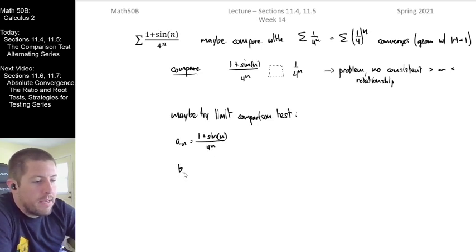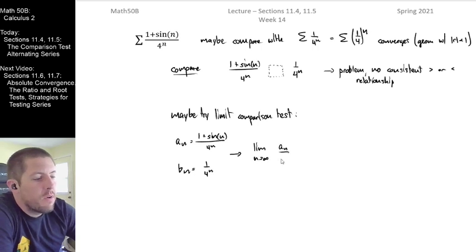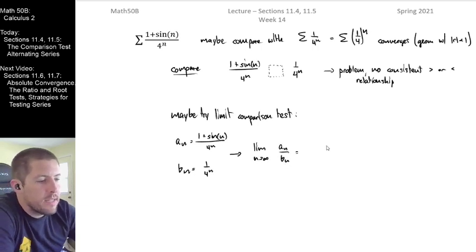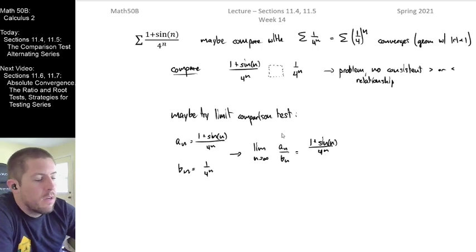And I know that my b sub n is just the 1 over 4 to the n. So the limit comparison test says let's take the limit as n goes to infinity of our a sub n's over our b sub n's and see if they go to a constant or not. This is going to give me 1 plus sine of n over 4 to the n. Keep on dropping my limit statements here. That's not cool.